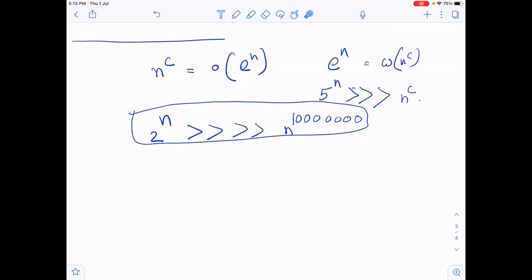But now computers can handle much larger n, so this number becomes way smaller than that number, and so the asymptotics come in.